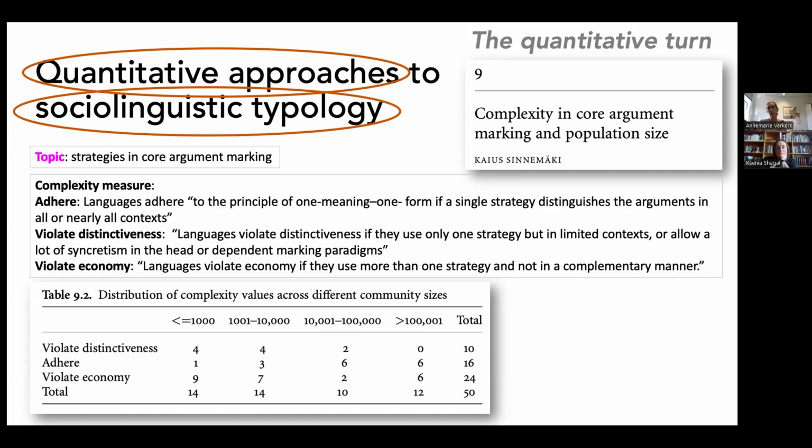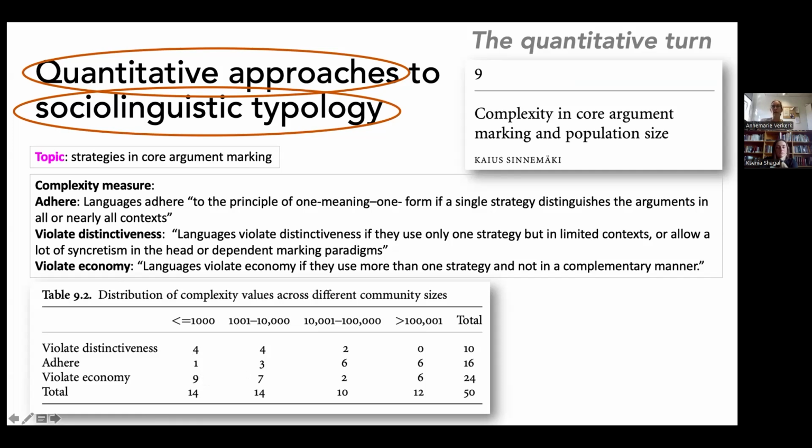And then the sociolinguistic measure that he looks at is community size, right? So here, at the bottom, you have this table. It's a distribution of complexity values across different community sizes. Here we have very small communities where we have one that adheres to the one meaning, one form principle, and we actually have 13 languages that violate that principle in one way or another.